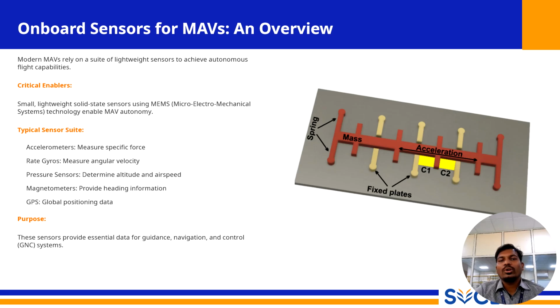The guidance component uses this information to determine the best path to a waypoint or to accomplish the mission objective. And the control component takes the commands from the guidance system and translates them into the precise motor actions needed to fly the drone along the path. Every sensor in this suite plays an indispensable role in making this complex process possible.